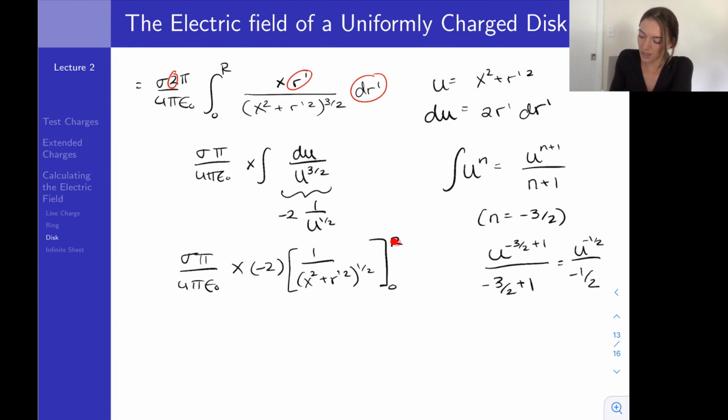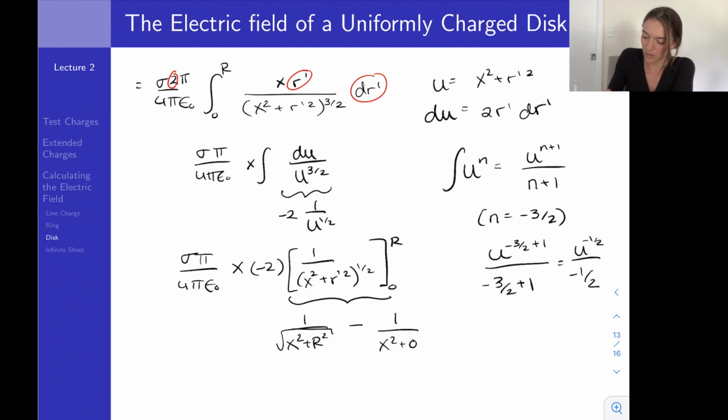So let's plug in first. We've got 1 over the square root of x squared plus capital R squared, and then minus 1 over the square root of x squared plus 0, because when I plug 0 into r prime, it's obviously 0.